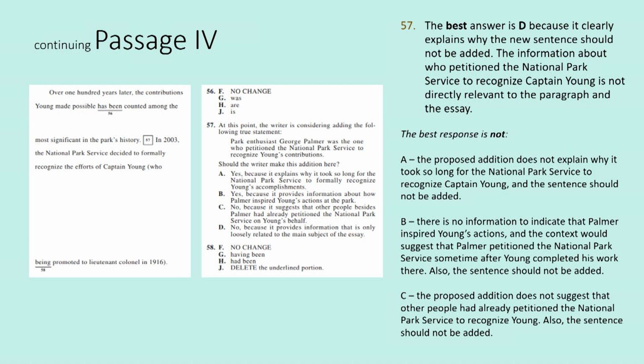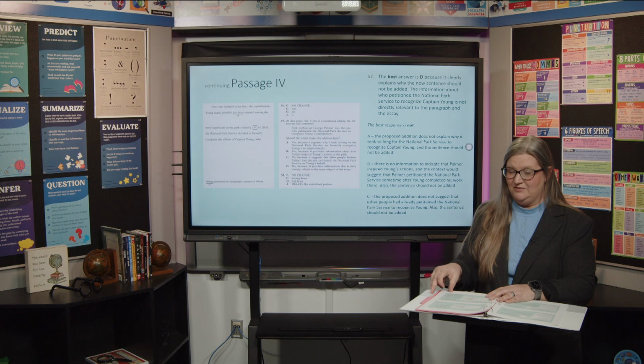So again, it should not be added. C is not the best answer because while it does understandably say that the sentence should not go there, it does not suggest that other people had already petitioned the National Park Service to recognize Young. So the sentence should not be added. We ready to move on to 58?